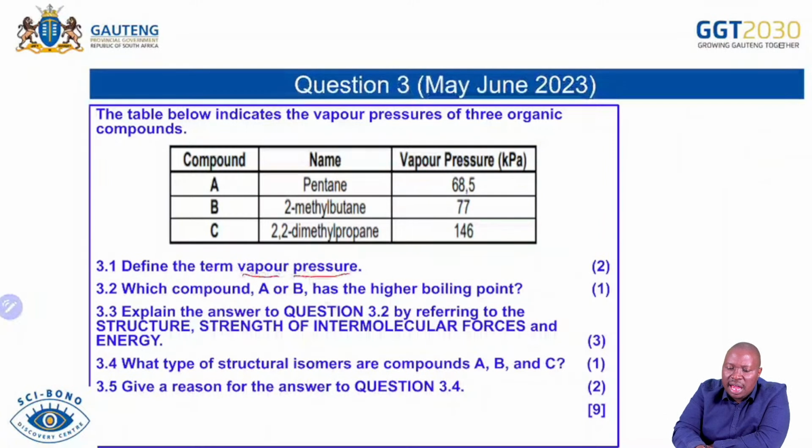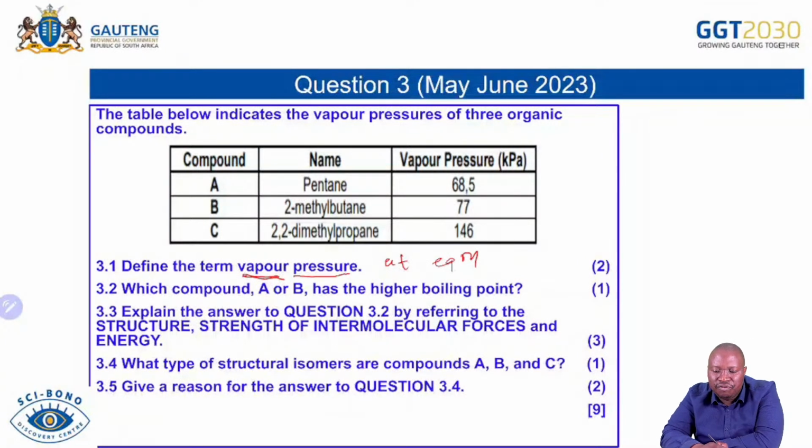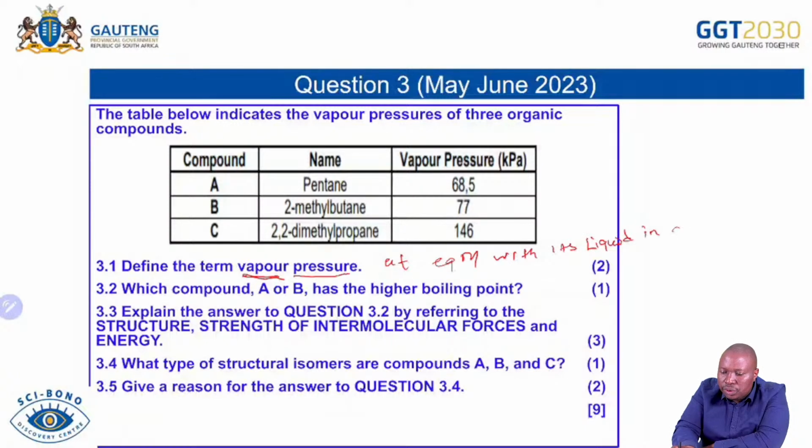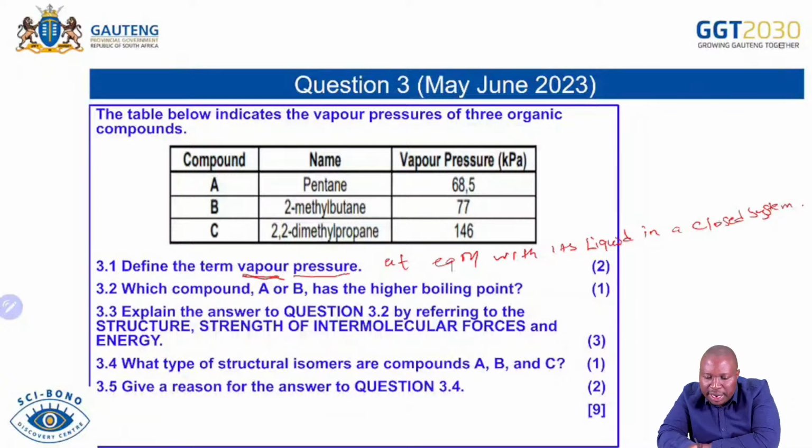It's pressure exerted by vapor at equilibrium with its liquid in a closed system.